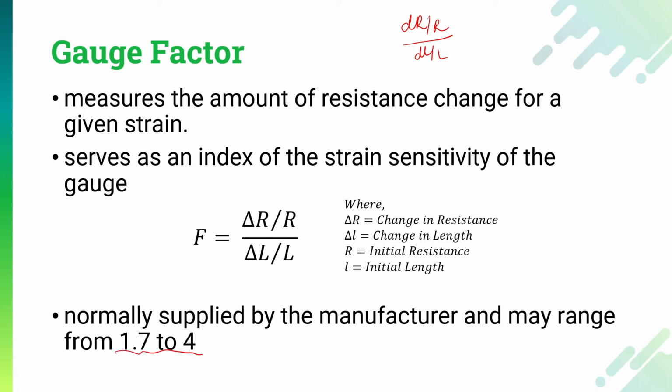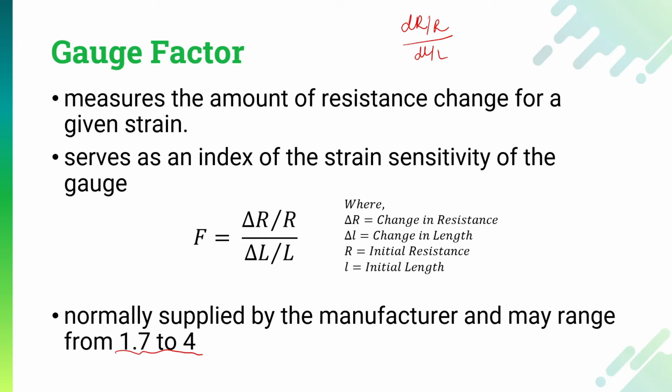But when manufacturing that gauge, the manufacturer needs to find out the gauge factor. Now let us talk about the material and the gauge factor. Metallic materials normally have lower gauge factors as they have lower resistivity. But if we want a higher gauge factor, we should go to semiconductor materials. So this is all about the material part, or the gauge factor introduction.